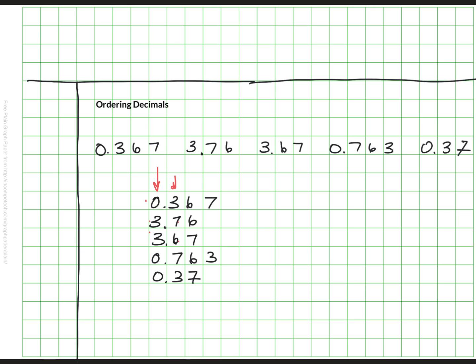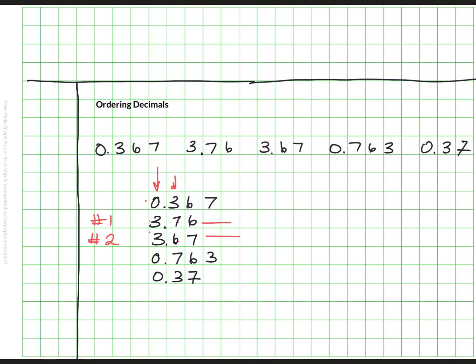I'll mark this as number 1. This one is largest because 7 is bigger than 6. And since there weren't any others that had 3 in the ones place, I know this is automatically my second largest, right? So those 2 are taken care of. And then I'm going to continue looking. I don't need to look at this one anymore or this one, right? Those are already done.